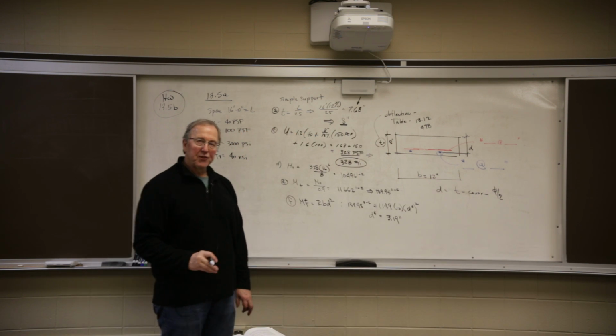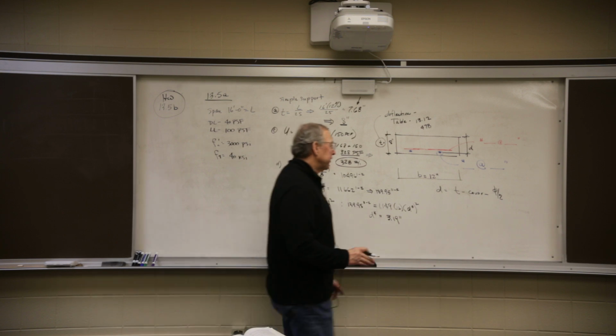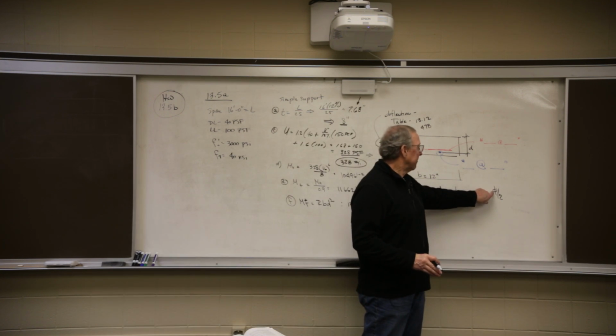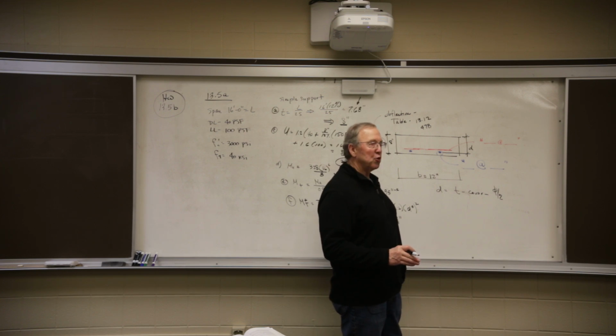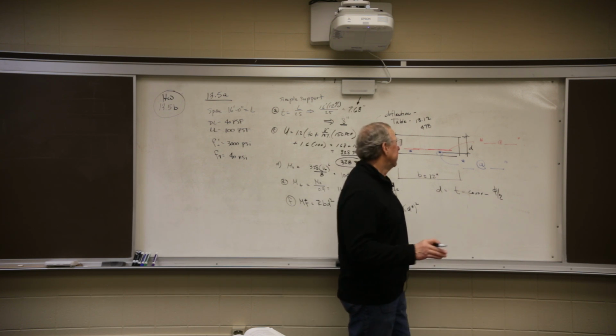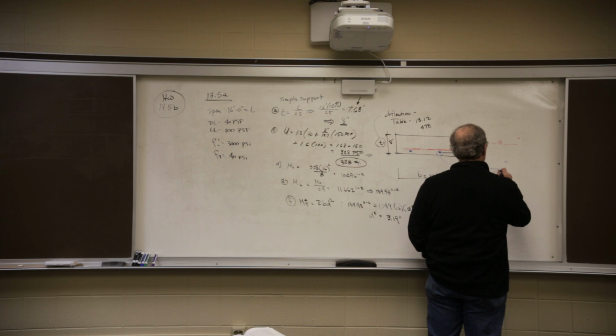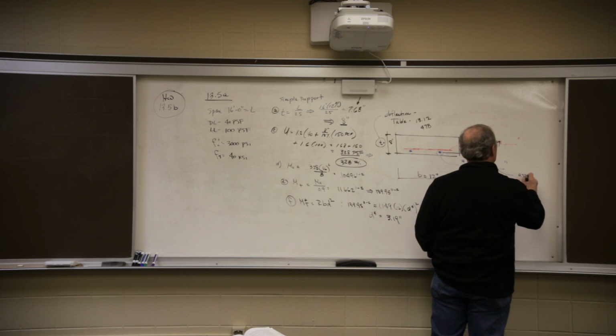Okay, once again, on a test, this is not going to be a mystery. I'm going to give it to you. Here we don't know, so I'm going to assume a number 4 bar.